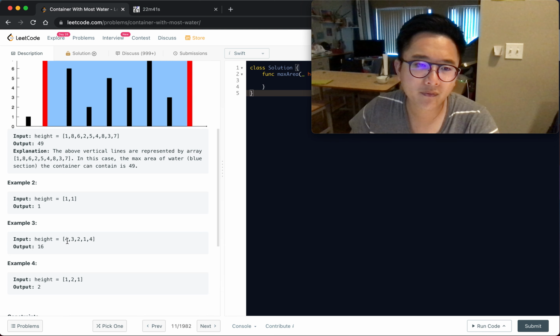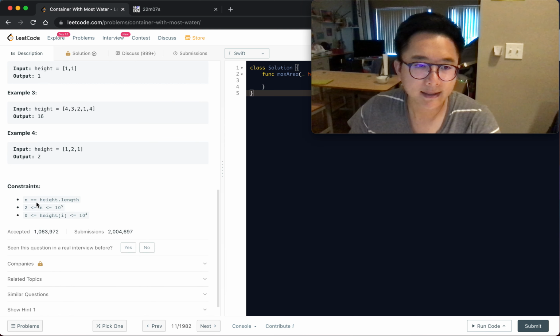If we look at these numbers, we will immediately know that the 4 and 4 are the largest, and in between them is a distance of 4, and thus we get 16. And then we have 1, 2, 1, which consists of 1 and 1 here. So 1, 1, and the distance between them is 2. So 1 times 2. So let's see the constraints.